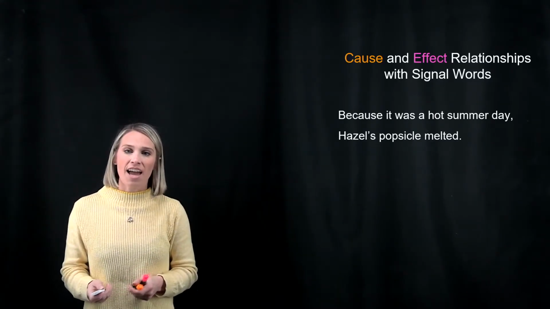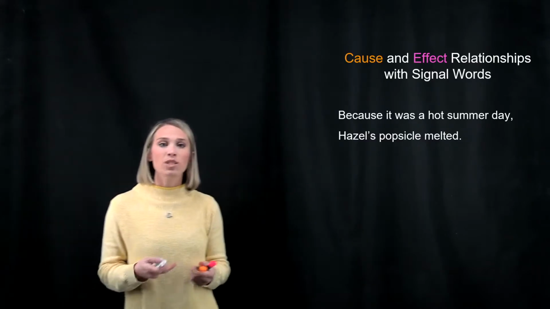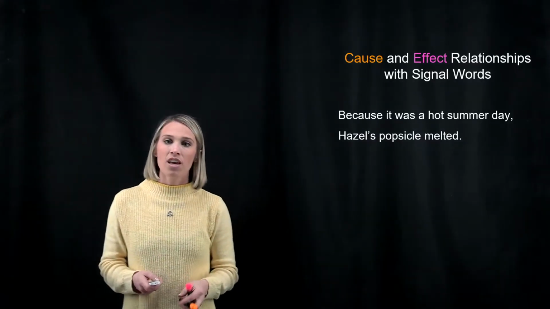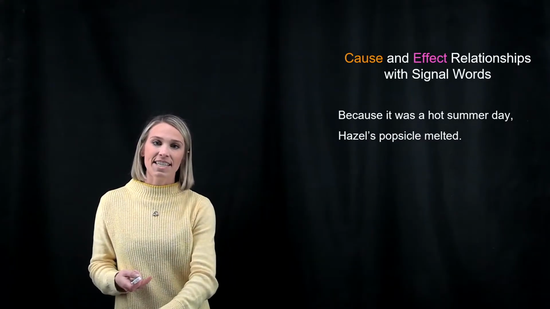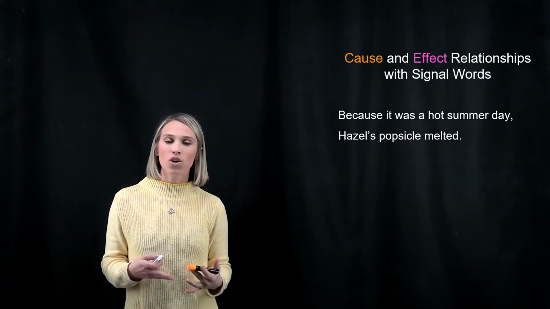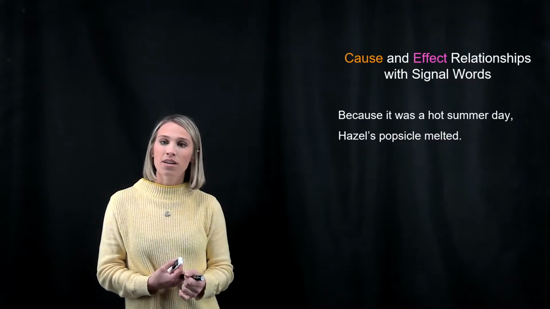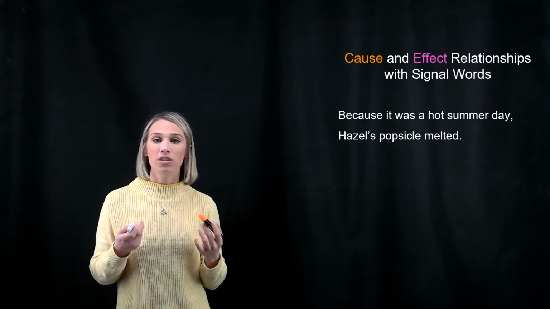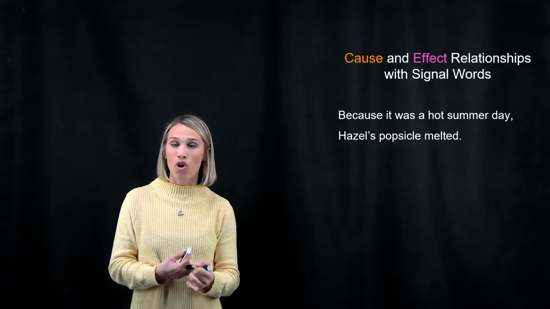Because it was a hot summer day, Hazel's popsicle melted. The signal word in this sentence is because. Because is a signal word for a cause. So I am going to circle my signal word with my orange marker.